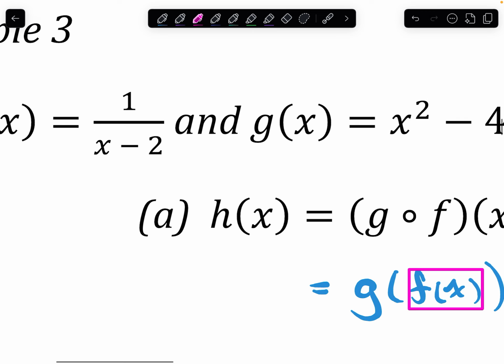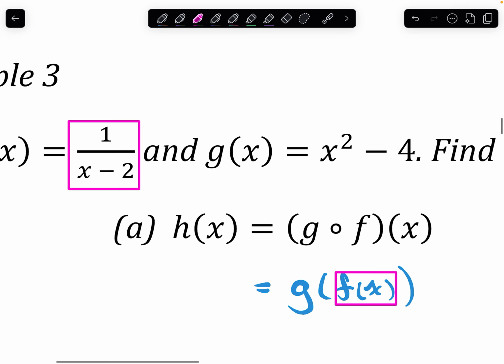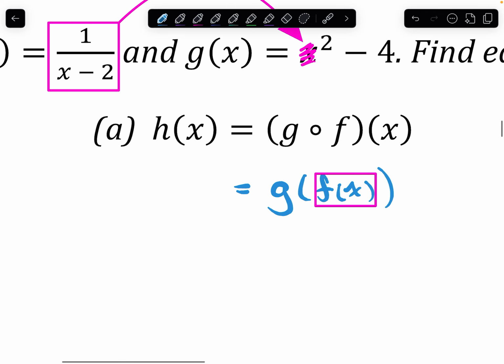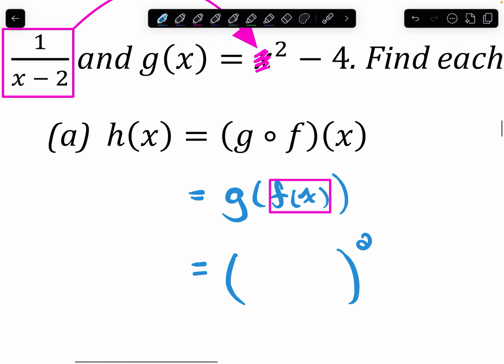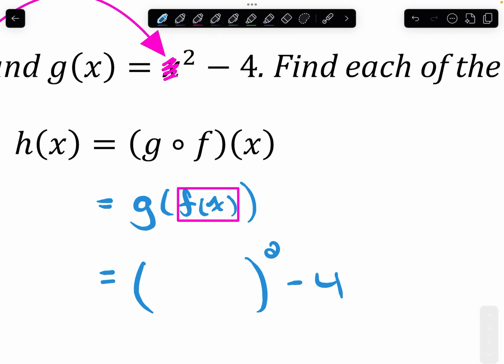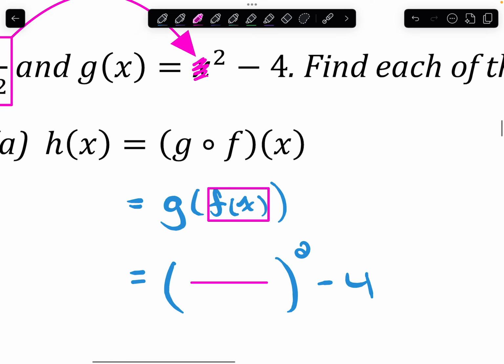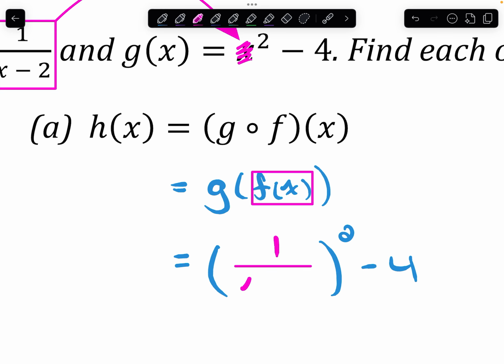So where this x is, that's where we're going to put our function. So I'm leaving a hole, squared, minus 4, and in that bubble, we're plugging in the function f, which was 1 over x minus 2.